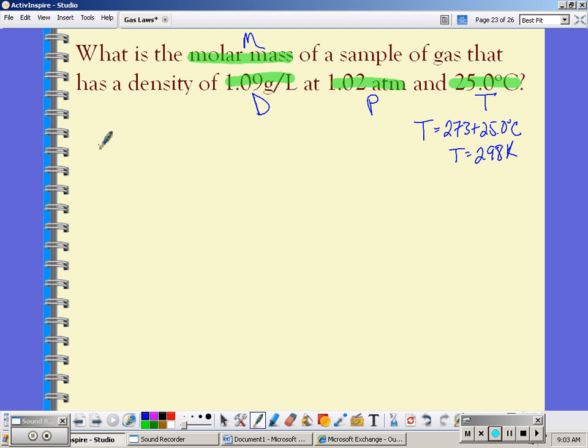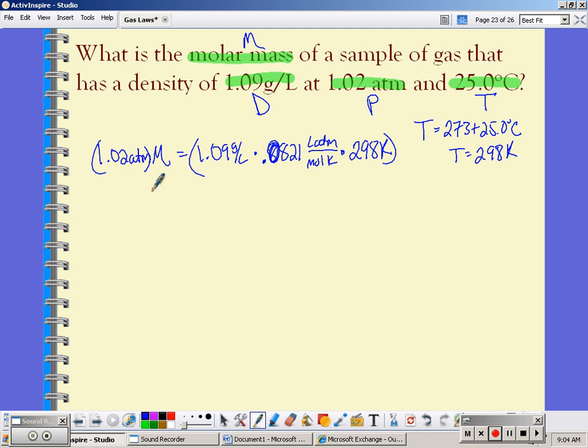Plug in my numbers: pressure times my molar mass, what I'm looking for, equals the density times the gas law constant, 0.821 liter atm over mole Kelvin, times the temperature, 298.